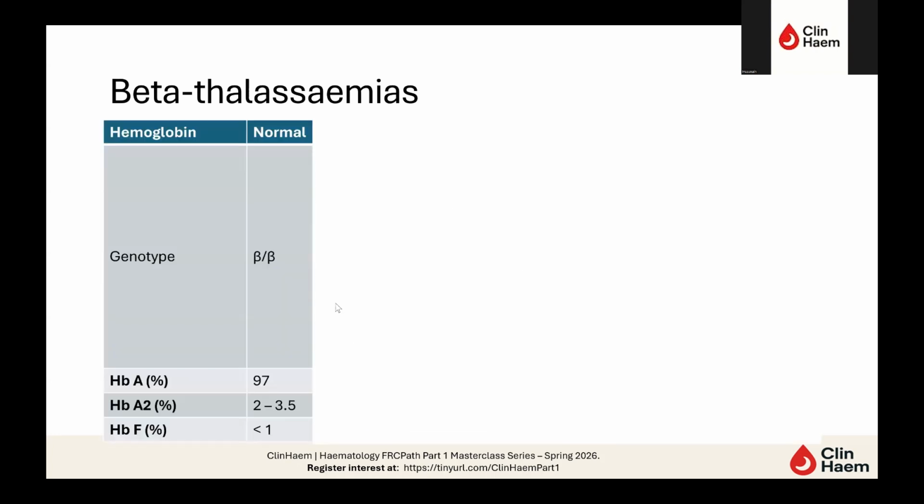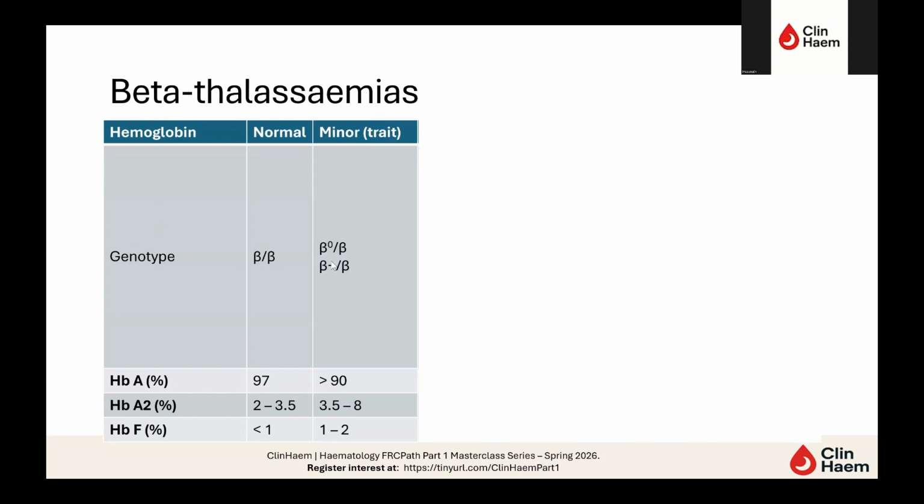So this slide will help you with beta-thalassaemias. We'll start with what's normal. Genotype is beta beta. Yeah, that's what I said in the beginning. So HbA is 97, HbA2 is up to 3.5%, HbF is less than 1%. In trait, you will have one abnormal, either beta 0 or beta plus.